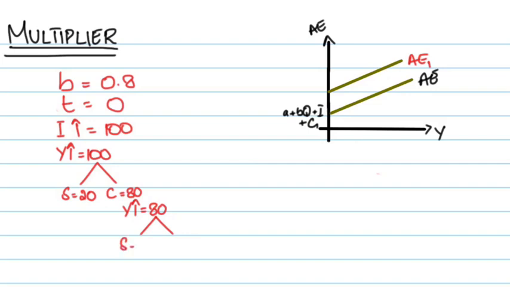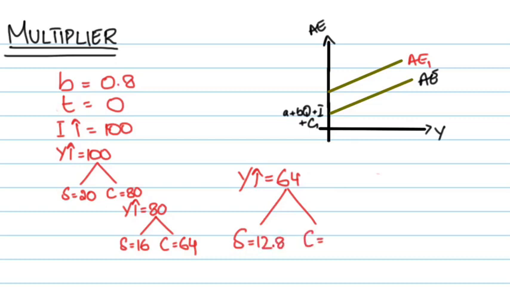So savings over here will be 16 and consumption will be a further 64. Right? This means that there has been yet again an increase in income of 64. Again, 20% to savings, this will be 12.8, and the remaining 80% to consumption, this means 51.2. Right? And this will continue all the way till it reaches 0.